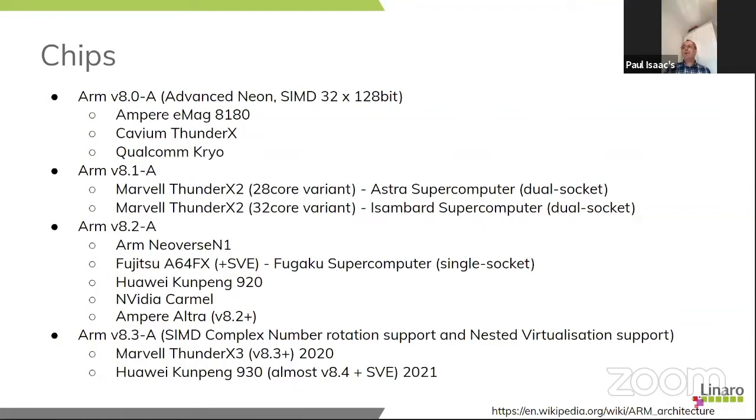And in subsequent releases, we've seen 8.2 and 8.3. And what we see is there's a delay between the benefits of the new ISA and it being implemented in silicon.